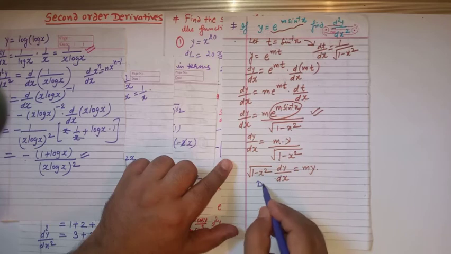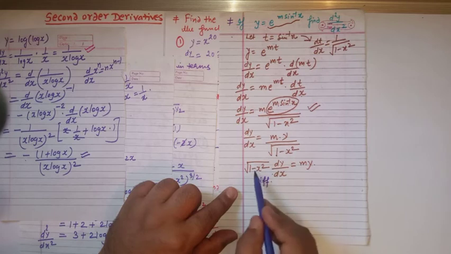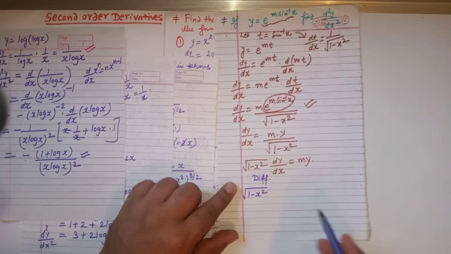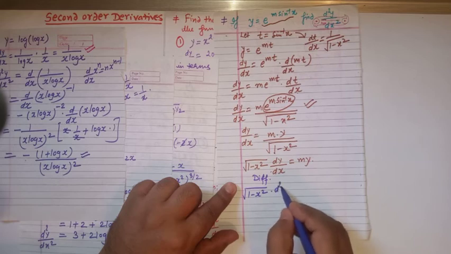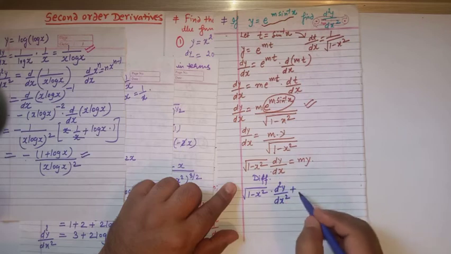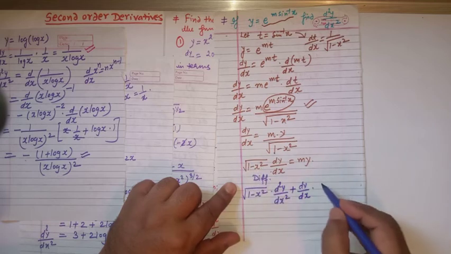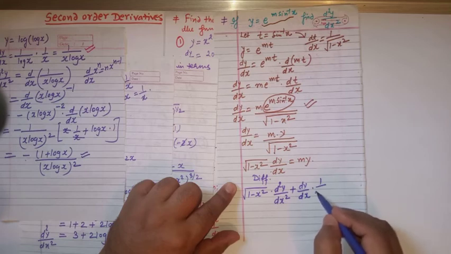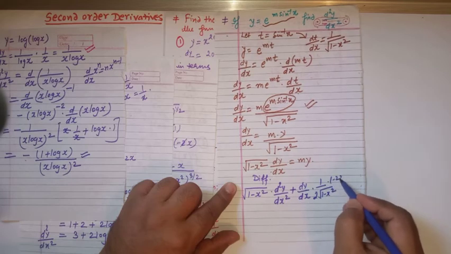Now differentiate both sides with respect to x. Here we have the product of two functions. So we have square root of 1 minus x square times the derivative of dy over dx, which is d2y over dx2, plus the second function dy over dx times the derivative of square root of 1 minus x square, which is 1 over 2 times 1 minus x square times minus 2x.